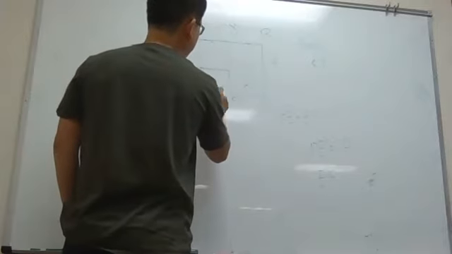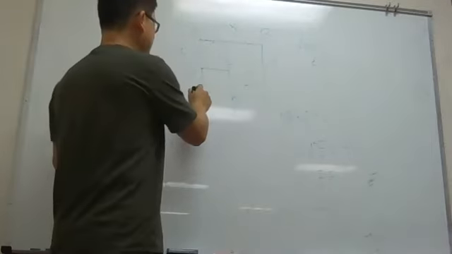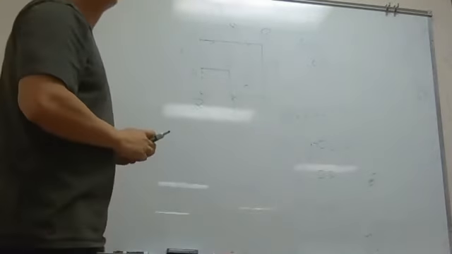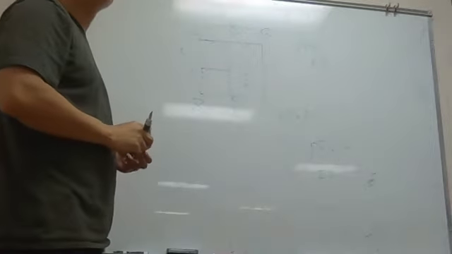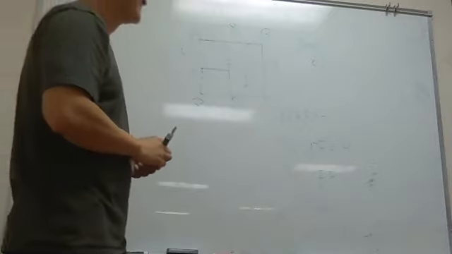If you extend AF and CD, you get a point called Z, and that would be 72. Then you do 72 minus 52 and end up with 20.